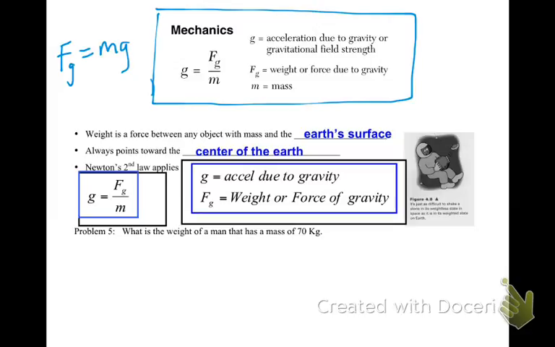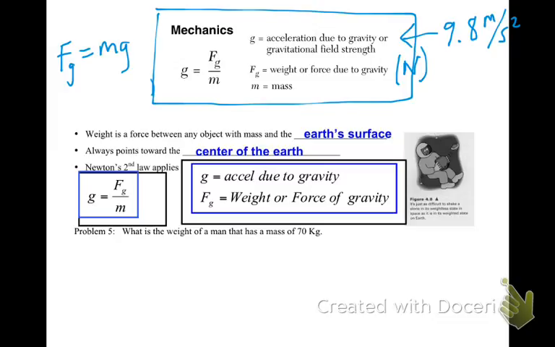I'm not really sure why they write it in the other manner on our reference tables, but the way you'll see me write it is Fg equals mg, where m is our mass, g is our acceleration due to gravity, which is 9.8 meters per second squared on Earth, and Fg is our weight force. Our weight force has a unit of newtons. Any force has a unit of newtons, just so you are aware.